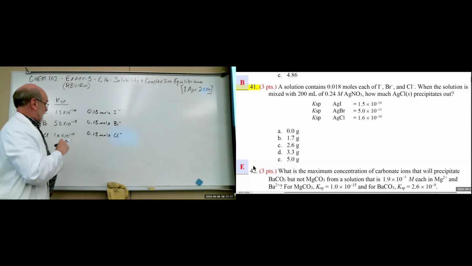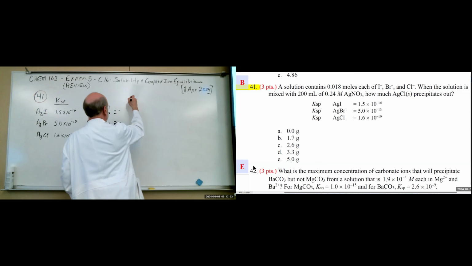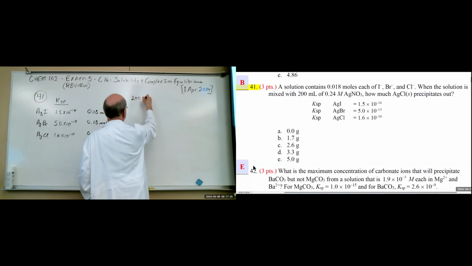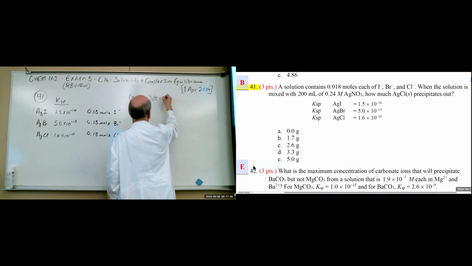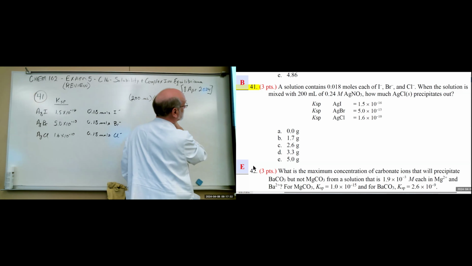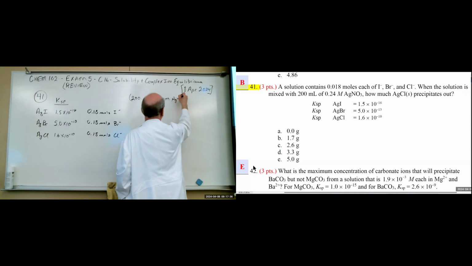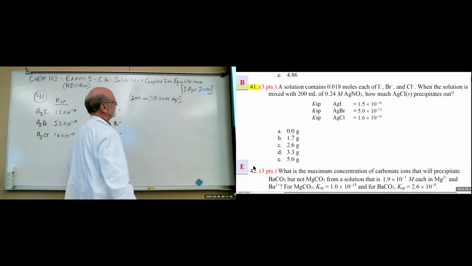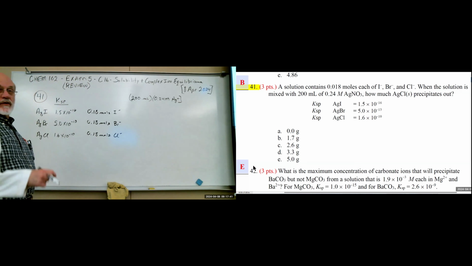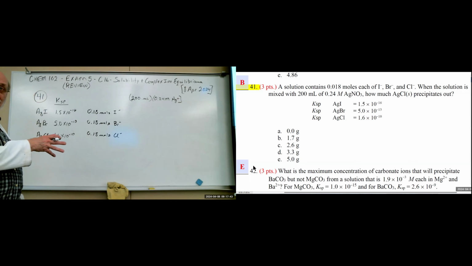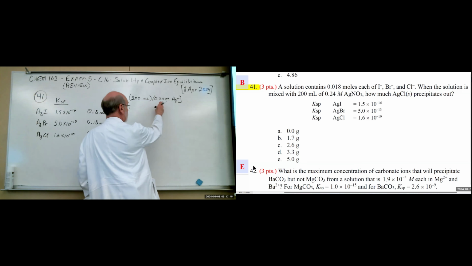And we're going to add 200 milliliters of 0.24 molar silver nitrate. Why can I say that? Because for every one silver nitrate, you get one silver ion.